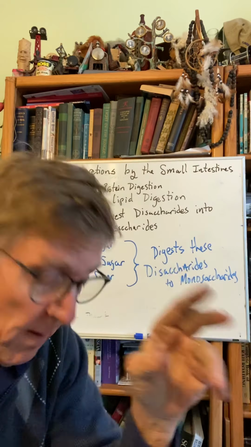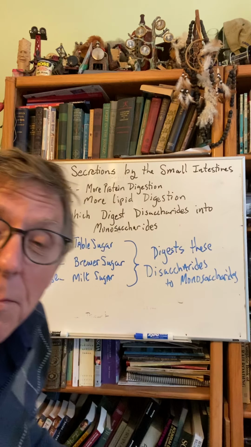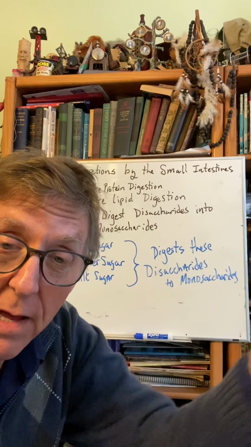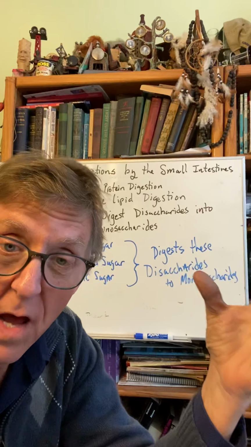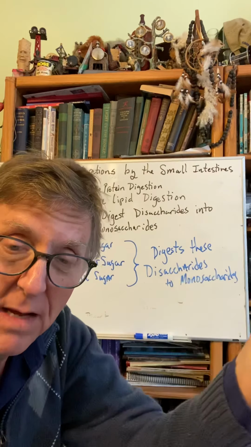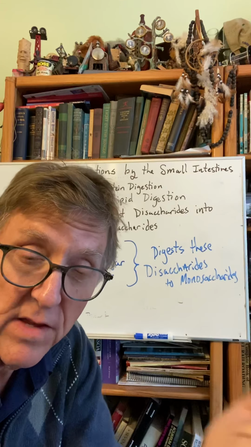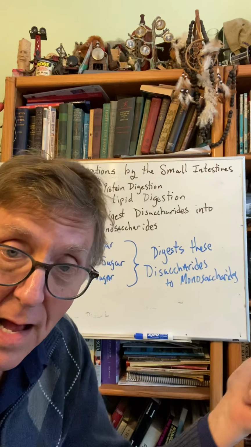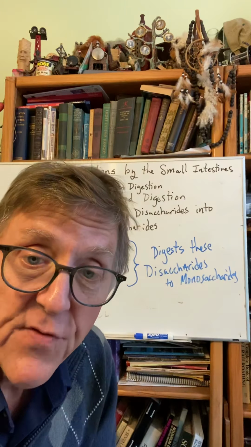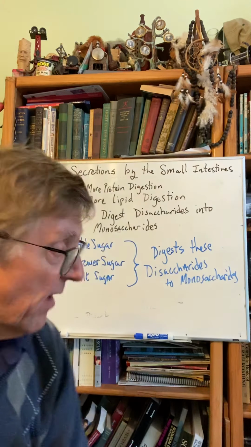And then it has something they call segmentation. So it starts to separate out the food so it's not all at one location. So it starts to kind of break up the food as it's being moved down through the small intestine. This would help increase absorption before it is passed into the large intestine.